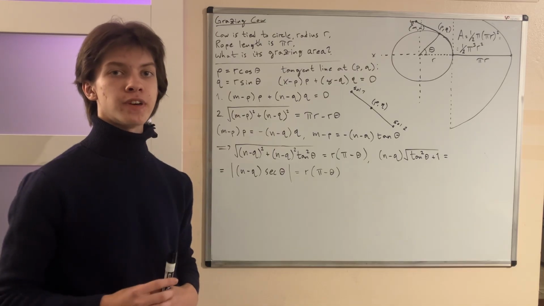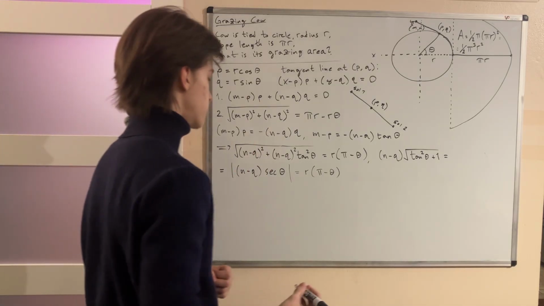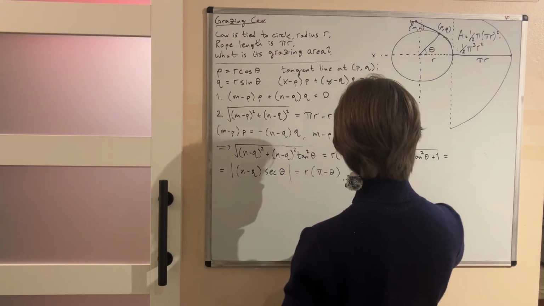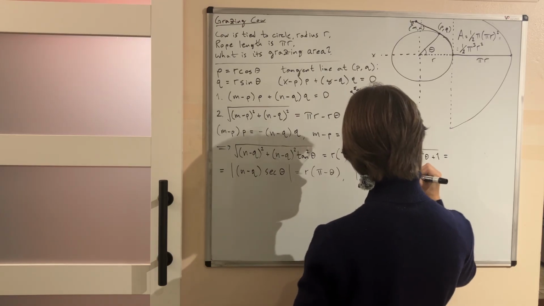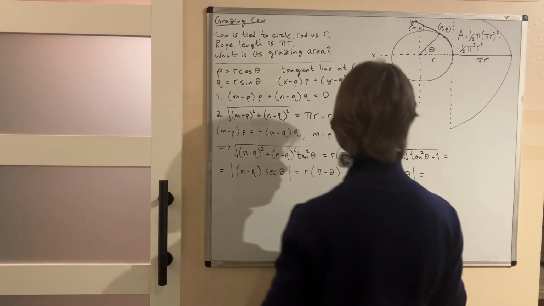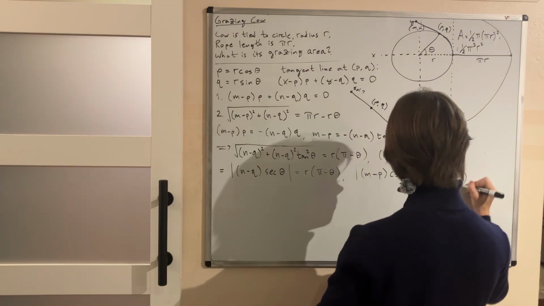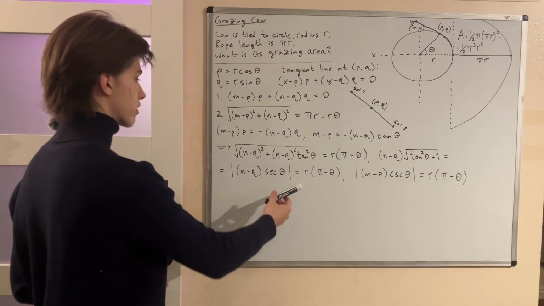We can perform a very similar substitution for n - q using m - p, and we get the other equation that the absolute value of (m - p) times the cosecant of theta is equal to r times (pi - theta). To solve these equations, we can avoid the absolute value bars by squaring both sides.